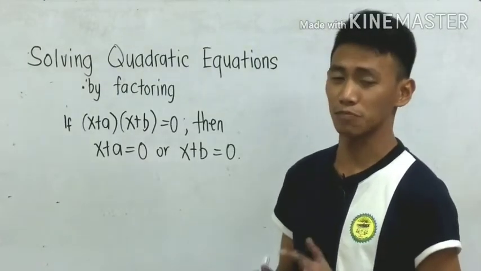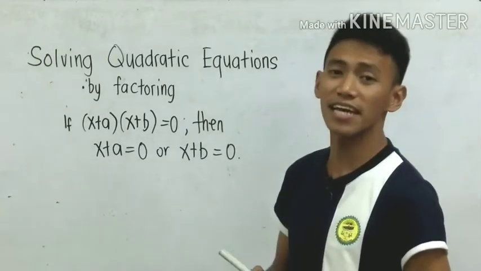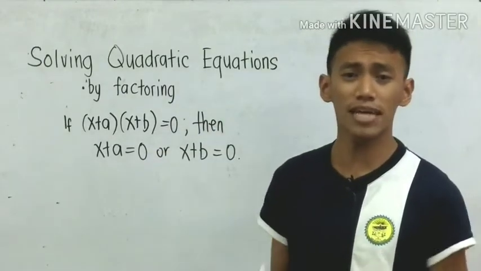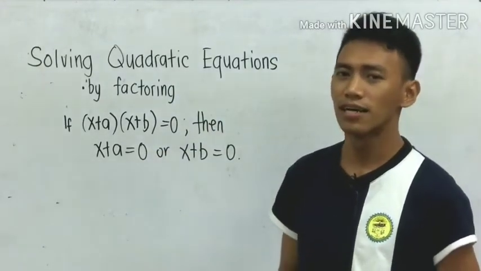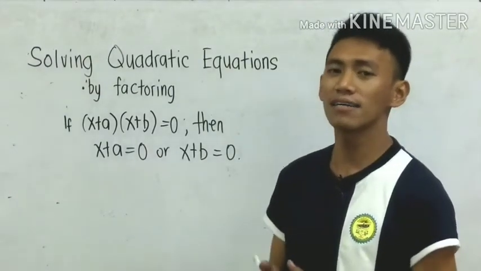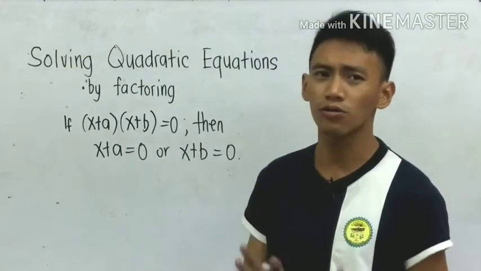And now, let's proceed to the second method of solving quadratic equations. The second method we'll be using is by factoring. So, kanus-a nato gamiton ang factoring? Kani, ang factoring gamiton nato kung ang equation kay factorable. What do you mean by factorable?